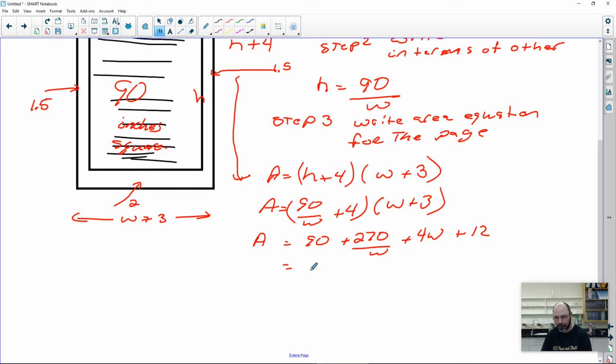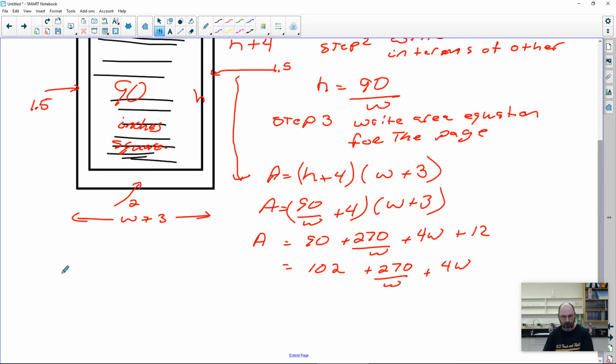Simplify. 102 plus 270 over W plus 4W. Okay, now we're going to rewrite this in exponential form rather than over W. We'll have it to the -1 so that we can use the power rule instead of the quotient rule.